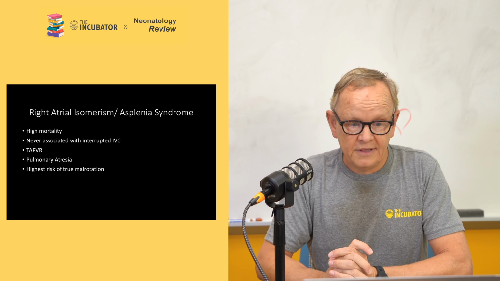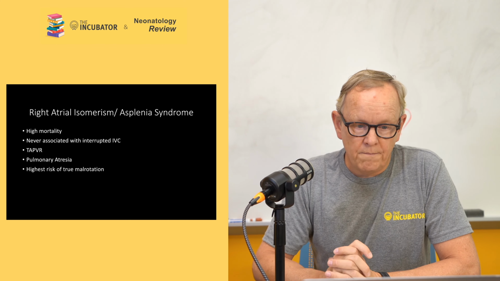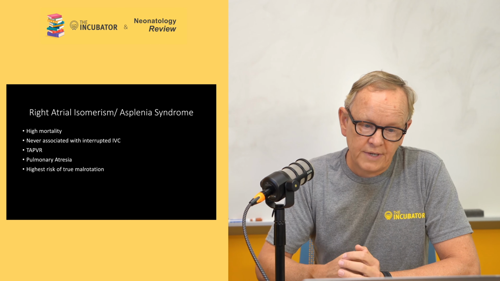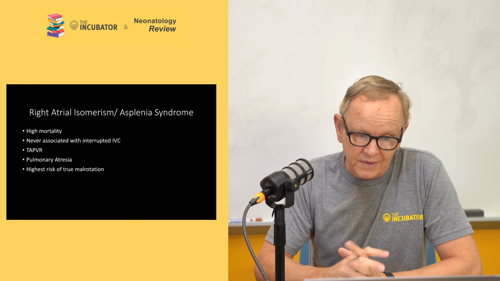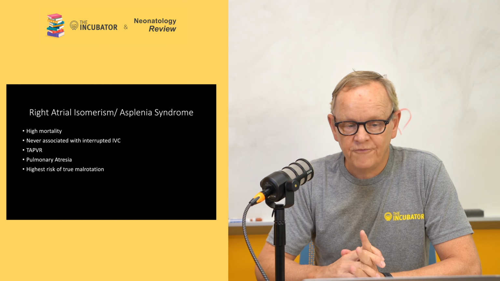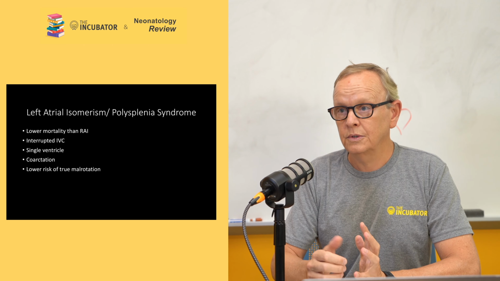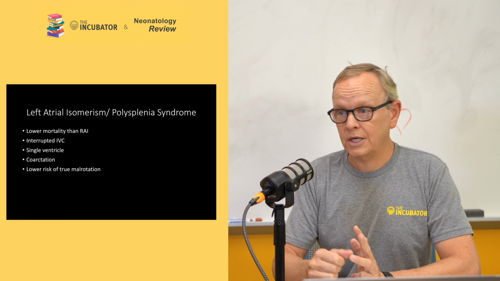If you have left atrial isomerism, it's also known as polysplenia syndrome. It has slightly lower mortality than right atrial isomerism. In this case, you will have an interrupted IVC, not infrequently associated with single ventricle physiology. We often refer to those. Those are not your hypoplastic left heart syndrome, and they're not your tricuspid atresias, right?